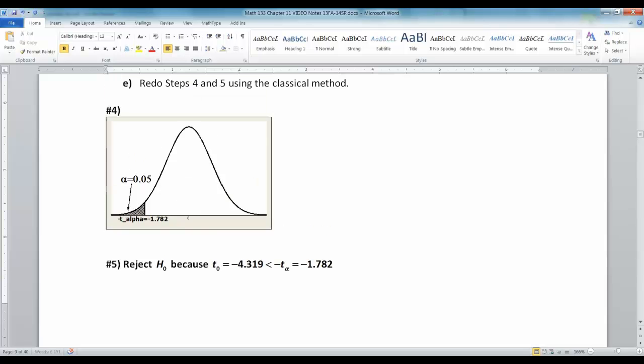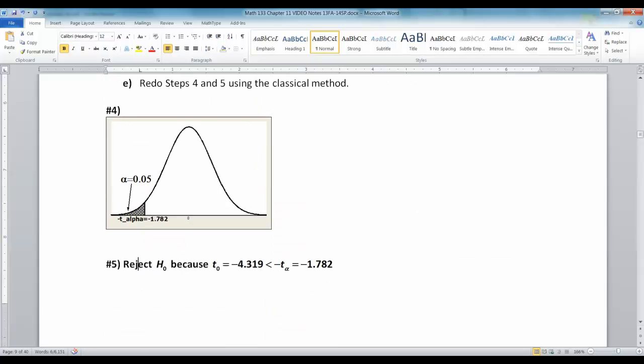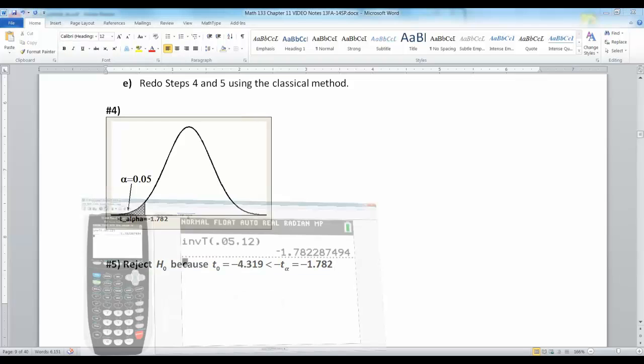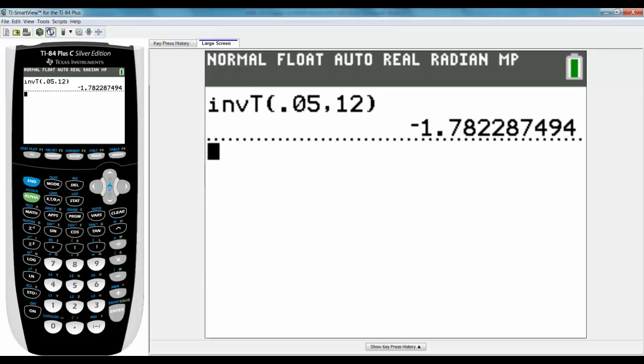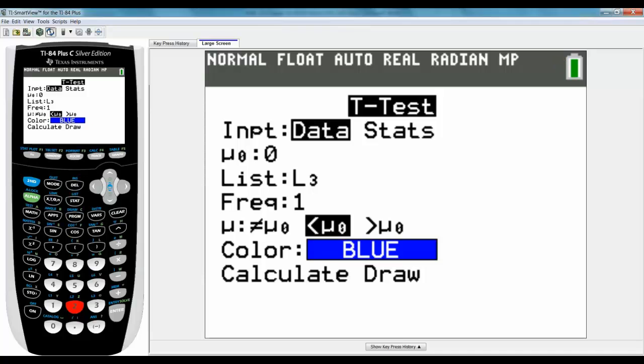And just another little side note, the p-value method's much simpler, and it comes from a calculator. So if you reject up here with the p-value, then of course you're going to reject down here with the classical method. So check yourself with the p-value method. Go Stat, Tests, number 2, fix all this stuff, which we already did, and go down to Calculate.